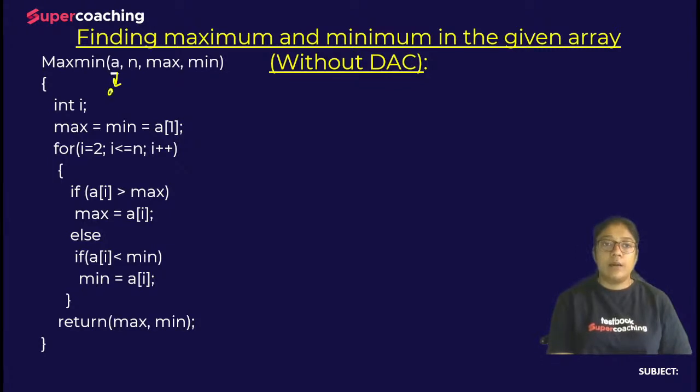In the array, n elements are there, and we are supposed to return the minimum and the maximum element. So I'm considering an integer variable I, max and min is equal to a of 1. That means the first element is considered as the minimum element.